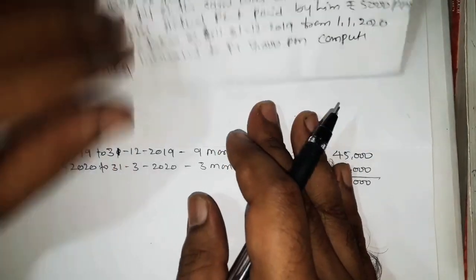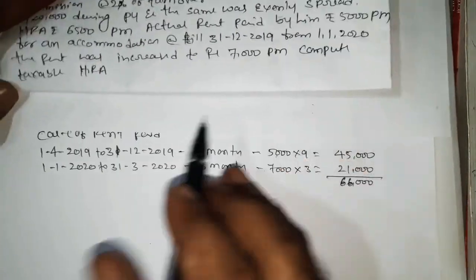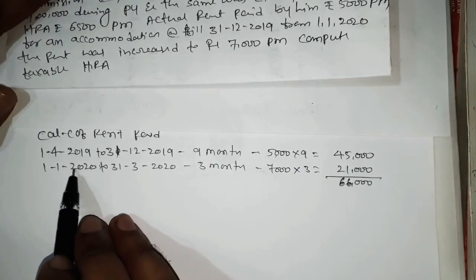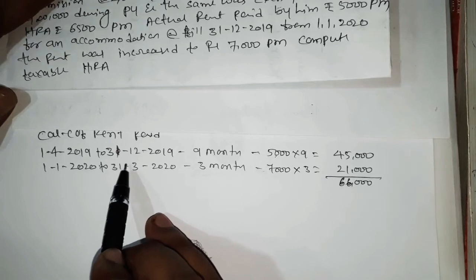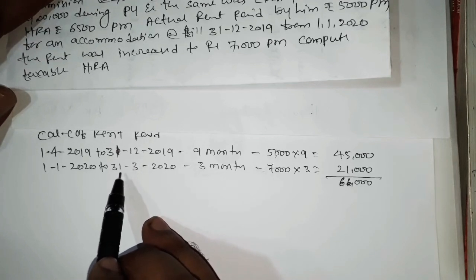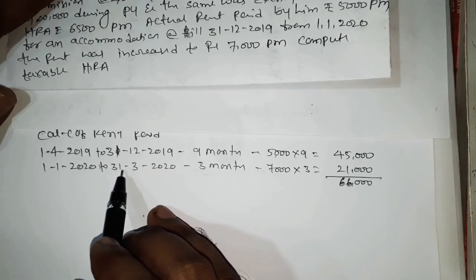Next, the rent has increased from 1/1/2020. From 1/1/2020 to 31st March 2020, this previous year is going to end, because the previous year's expenses are taxable for the assessment year.